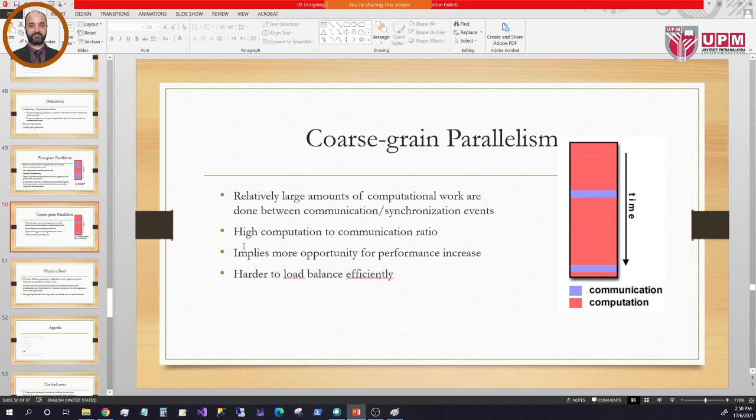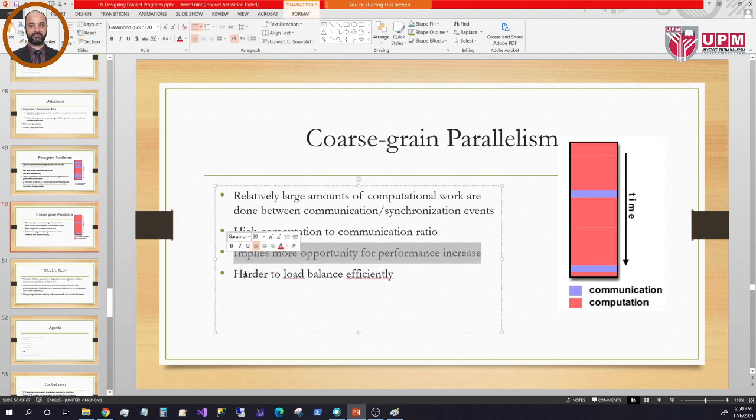So here in this case we have a high computation to communication ratio. The value, the time of the computation to the time of the communication, is a very big number. It implies more opportunity for performance increase. This is not true actually. It depends on the nature of the program, the nature of the problem.